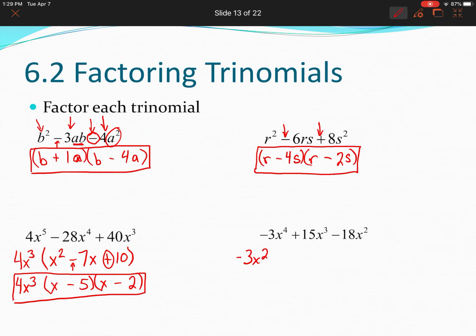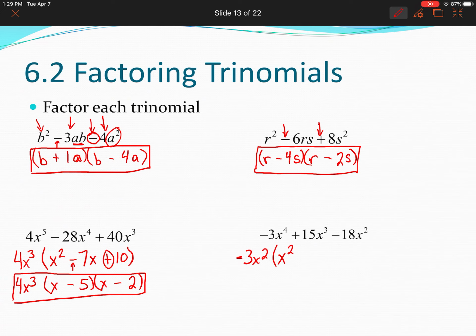And I'm going to recommend that you factor out a negative 3x squared, because you can do this reverse FOIL with the negative, but it gets kind of complicated. It's easiest to take that out so that our first term is going to be a positive x squared. So I definitely recommend that you do take that negative out.